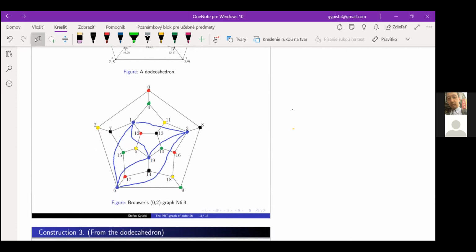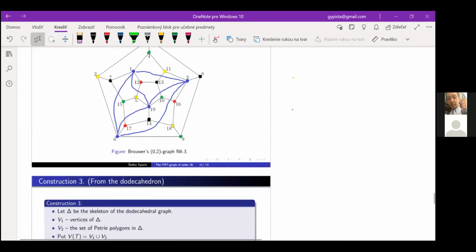So in this manner you can find 5 sets of 4 tuples of vertices, and among all these sets you are putting a clique of size 4, and these cliques together with the dodecahedron are giving the Brouwer's 0-2 graph.